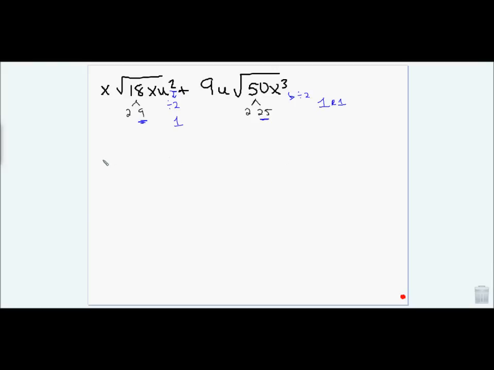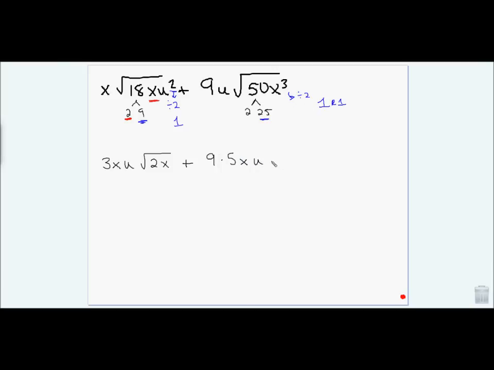Square root of 9 is 3. X was already there, and I can pull out one u. What gets left behind is a 2 and an x. So square root of 2x plus, there's already a 9 here. Square root of 25 is 5. I can pull out one x.